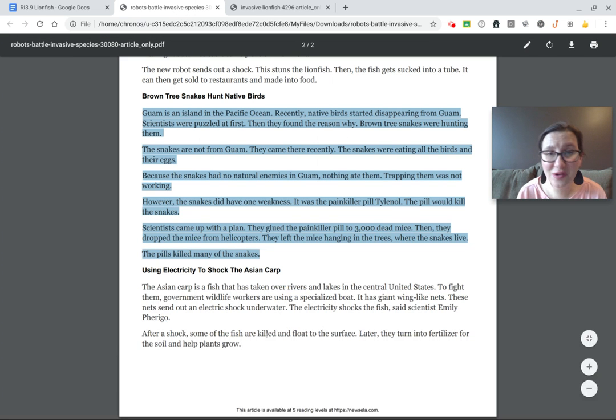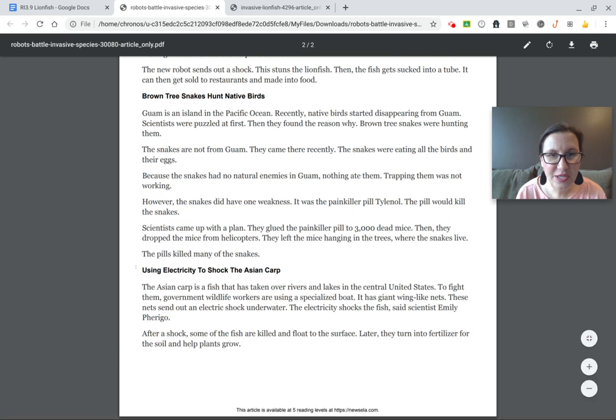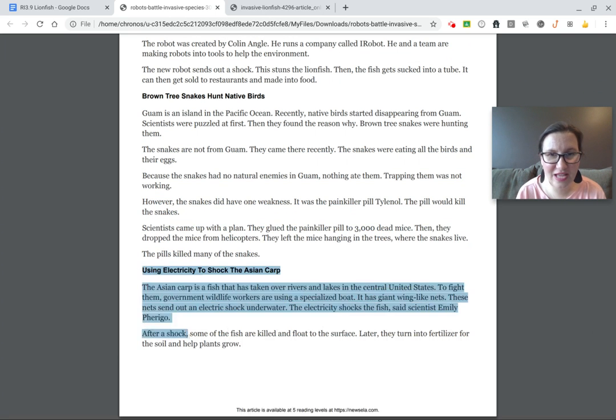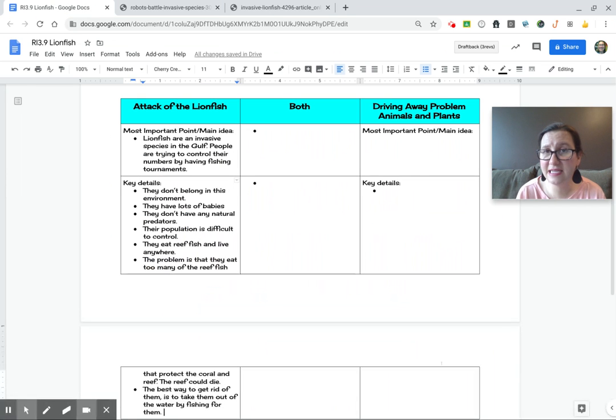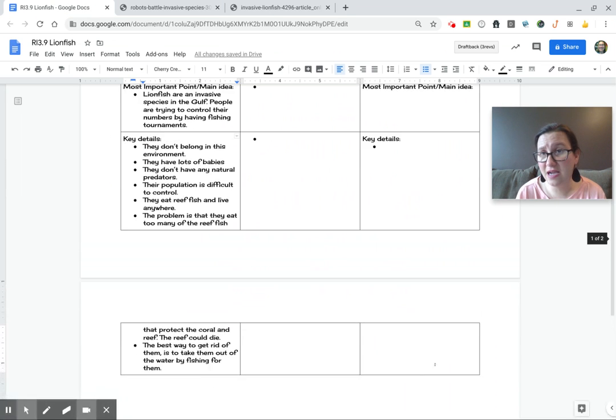Let's go ahead, welcome back third grade, and go to the very last section called Using Electricity to Shock the Asian Carp. Reread this small section and ask yourself, what did I just read about? And add it to our key details on our document.